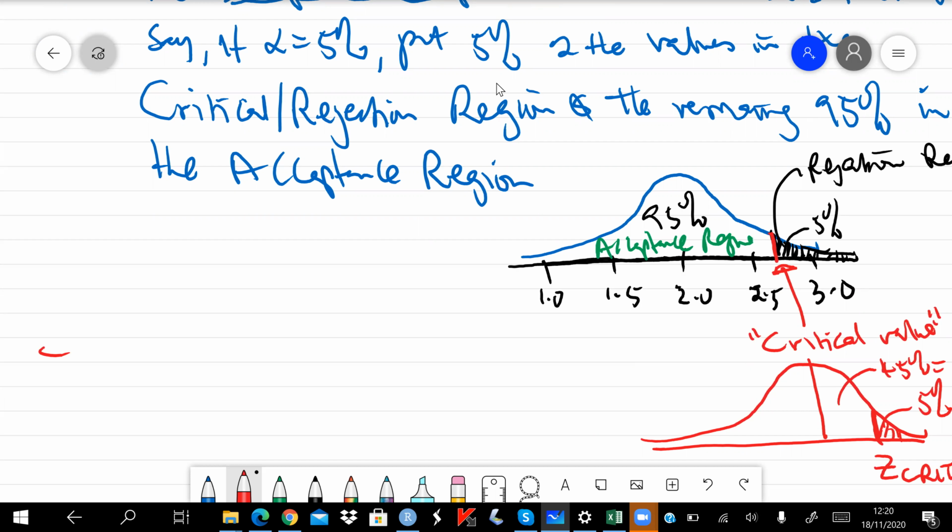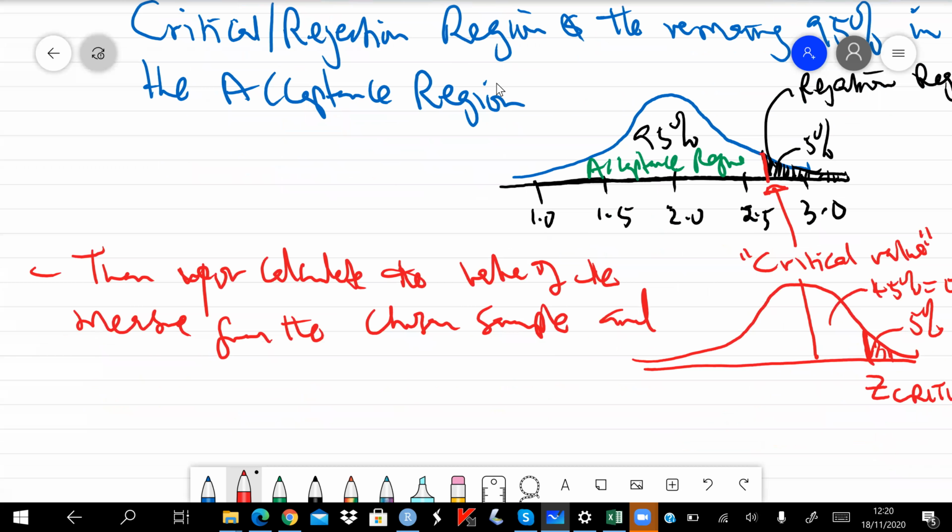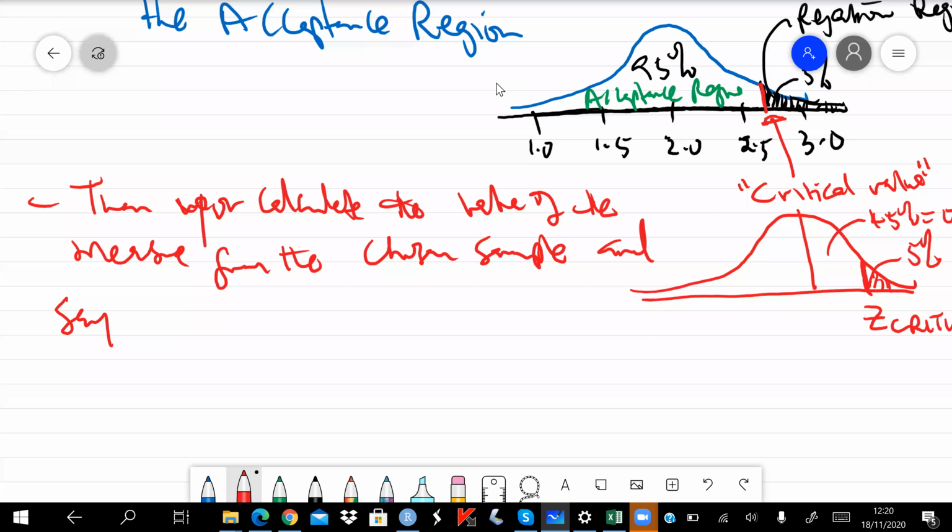Then after you do that, you calculate the value of the measure from the chosen sample, and say whether it falls in the acceptance region.